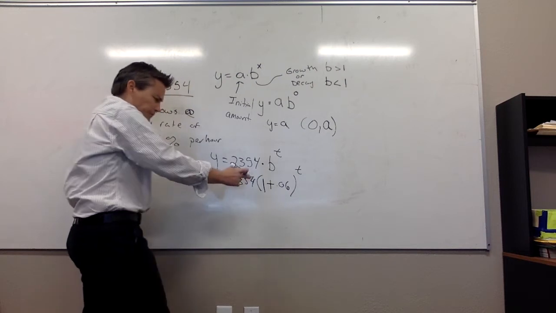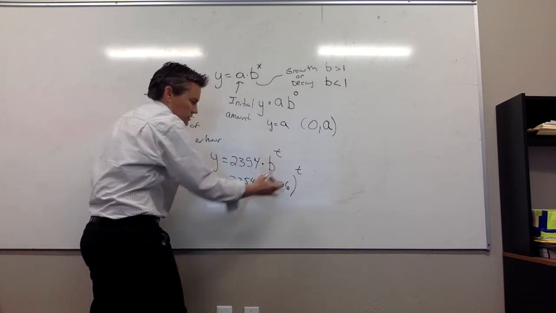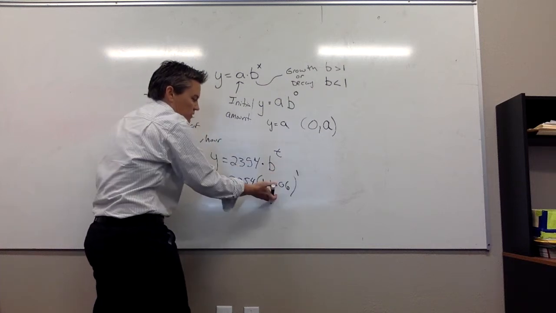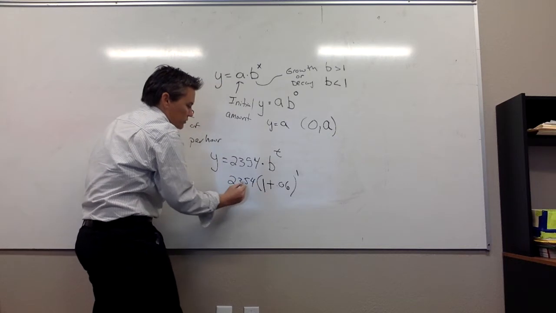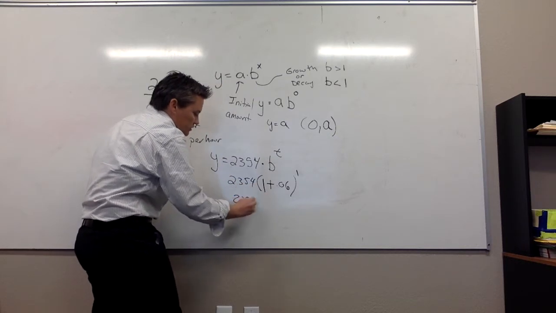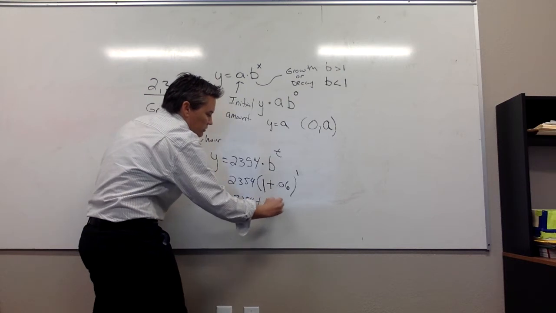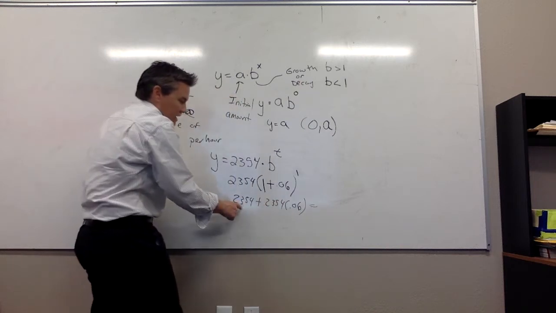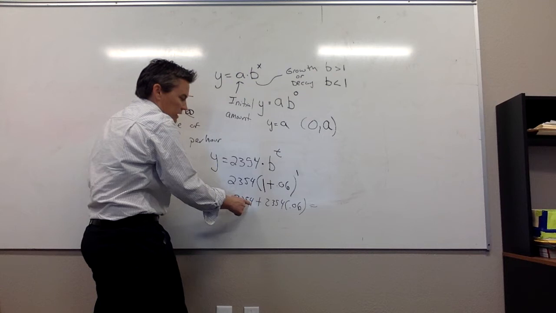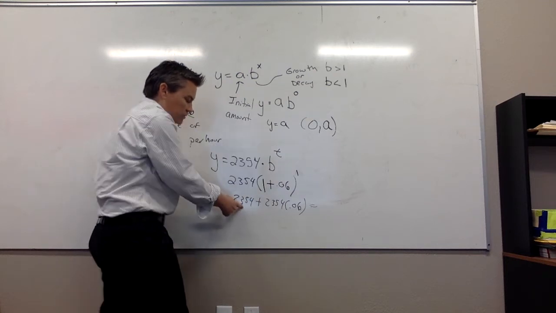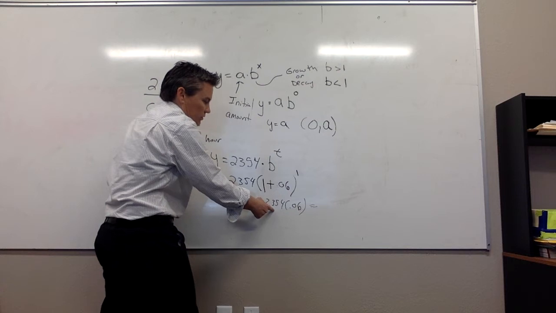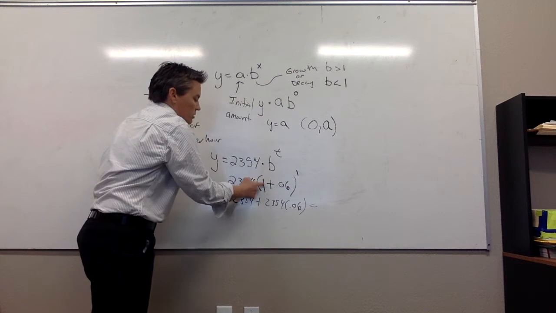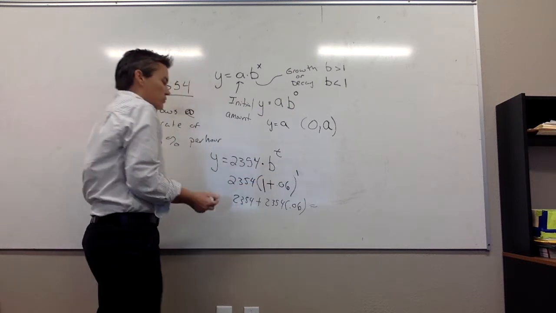If we look at our distributive property, 2,354 times 1 plus 2,354 times 0.06 gives the number of bacteria present after 1 hour. It takes my original amount plus my 6% of growth. So that's why we make sure we add that 1 plus your growth rate.